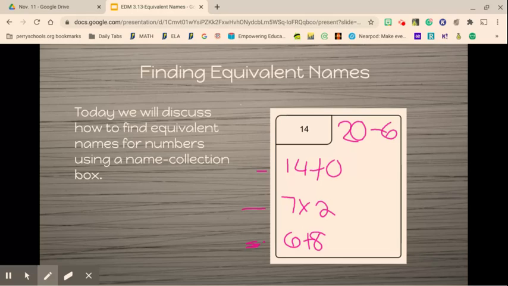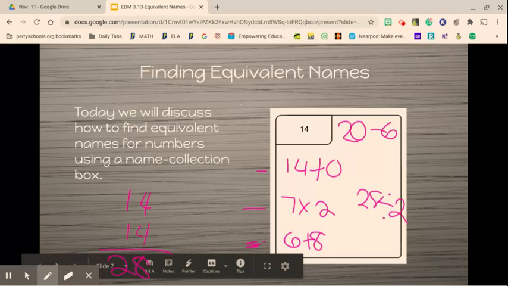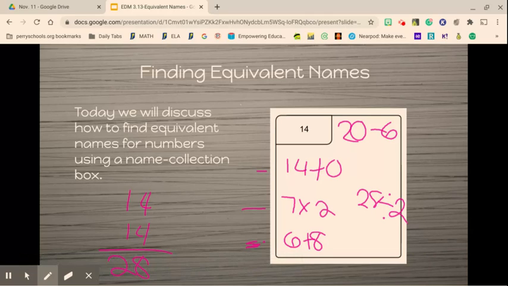So I have to know what 14 doubled is. So I would do 14 plus 14, and that is 28. So my equation that I can put in my number box is 28 divided by 2. That equals 14. You are going to continue to add to this box. What are some other ways to make 14?